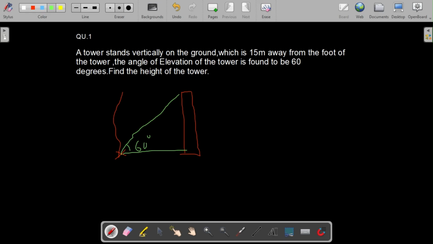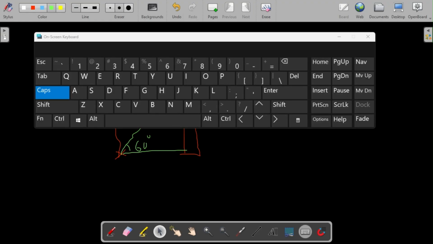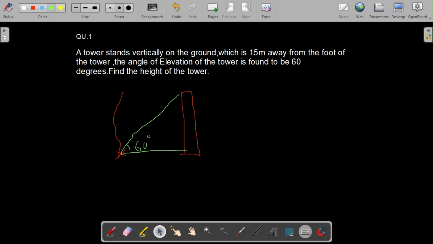Now listen. The fact that I have two towers here, I can decide to switch this question and make it a man standing vertically on the ground.